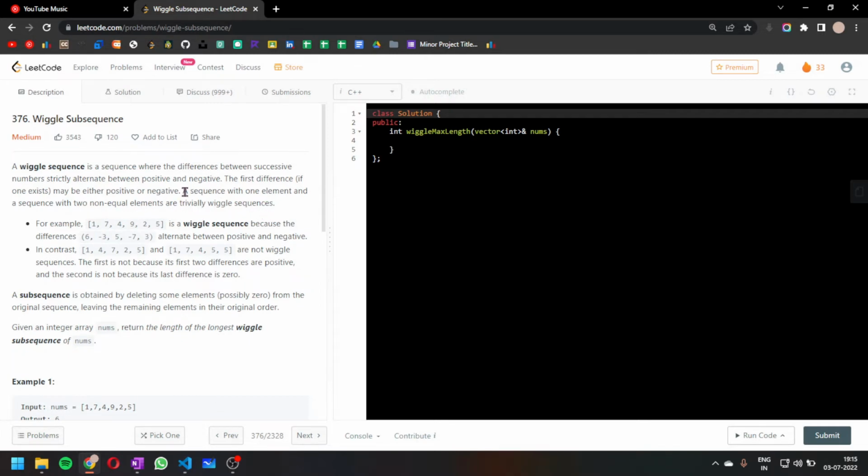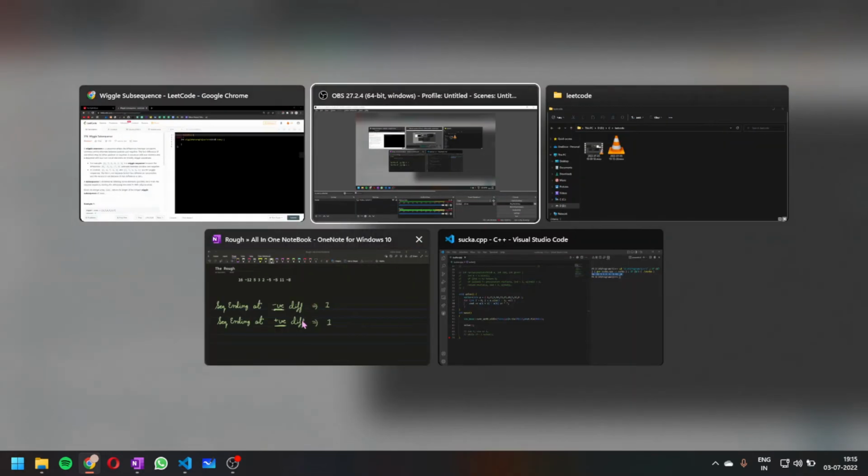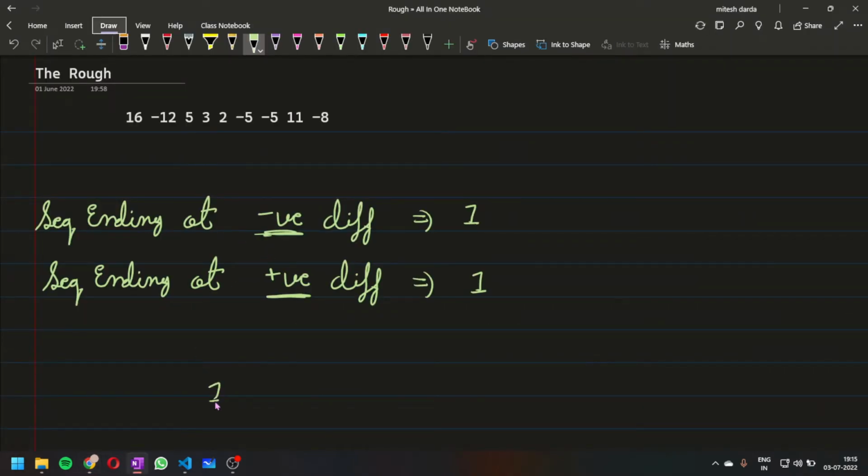That means the smallest possible length of a wiggle sequence should be 1, and we can take that 1 as either a subsequence ending at a negative value or a subsequence ending at a positive value. That's why initially we are taking this sequence's length as 1.